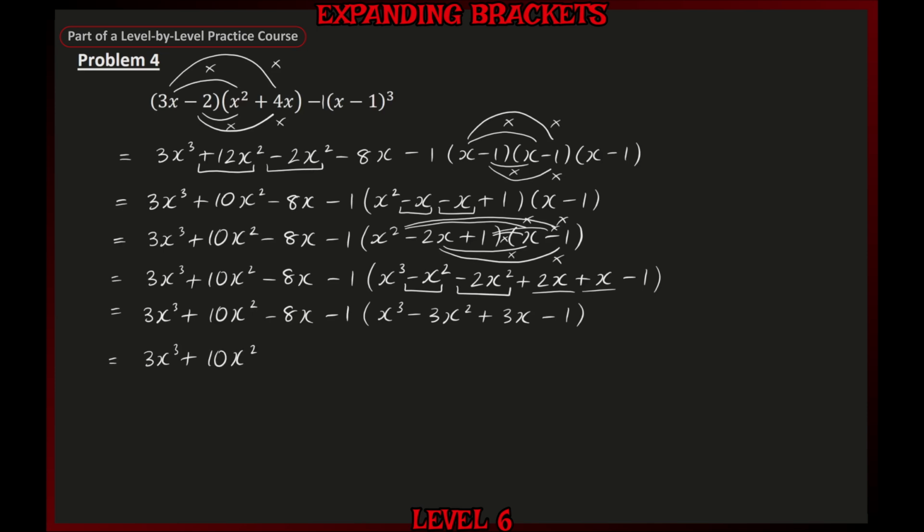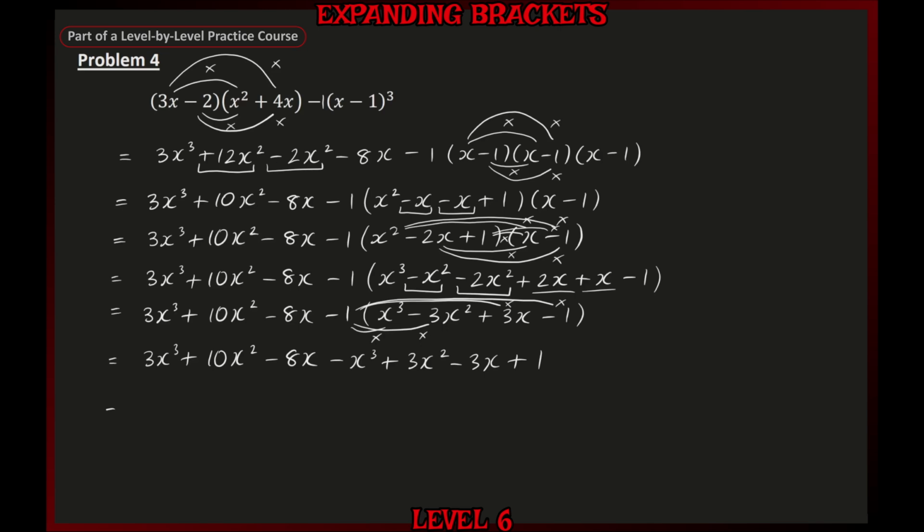So we have 3x cubed plus 10x squared minus 8x. Minus 1 times x cubed is minus x cubed. Minus 1 times minus 3x squared is plus 3x squared. Minus 1 multiplied by 3x is minus 3x. And minus 1 multiplied by minus 1 is plus 1.